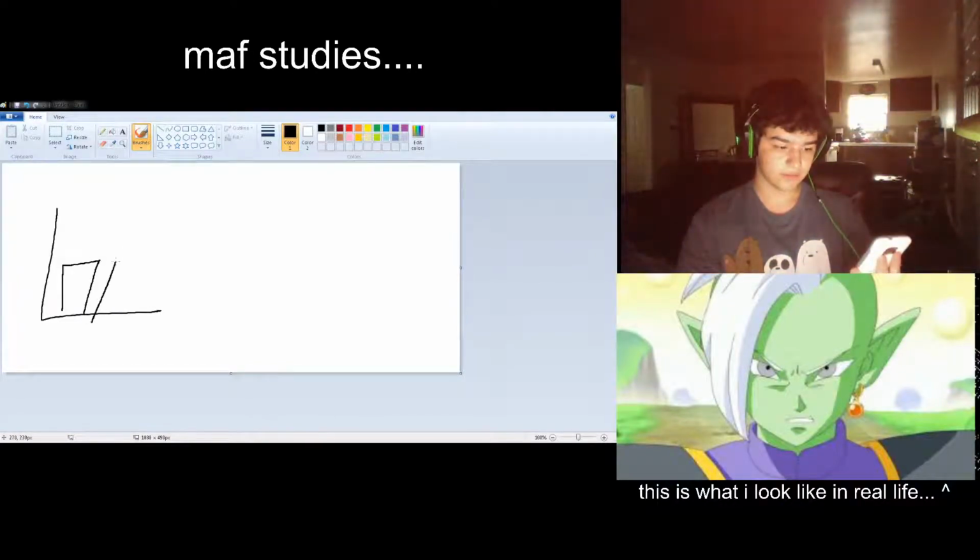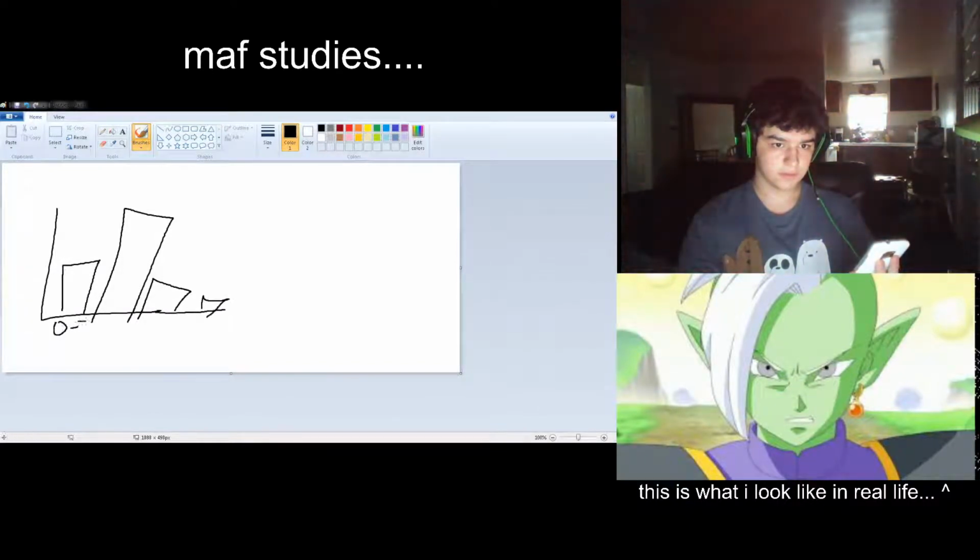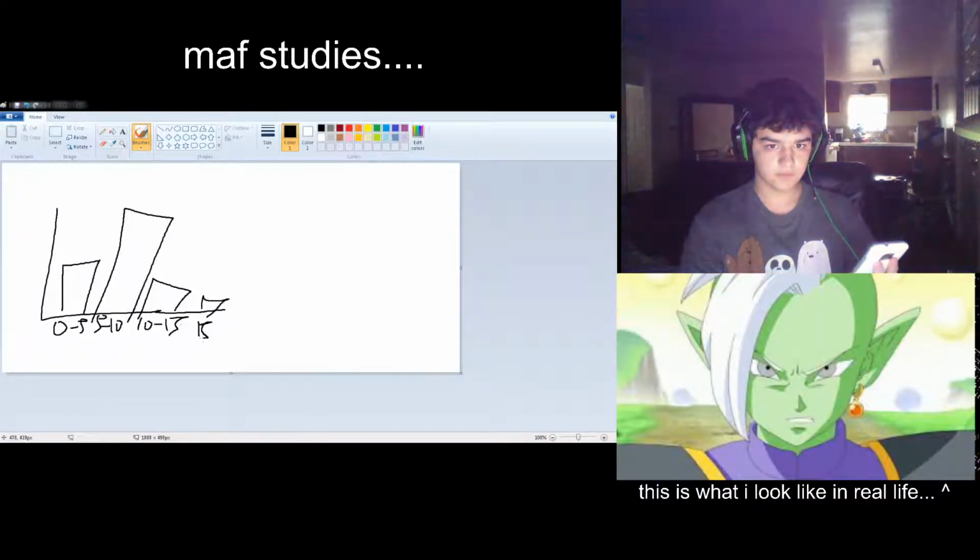A graph. This graph. 0 to 5, 5 to 10, 10 to 15, 15 to 20, right? So that's the graph.